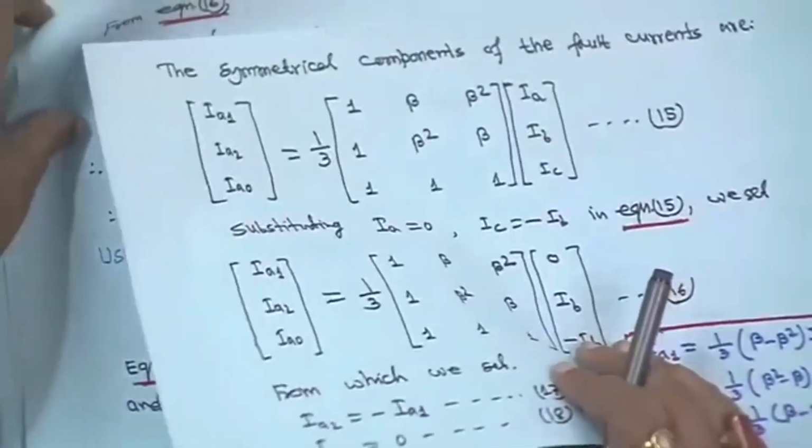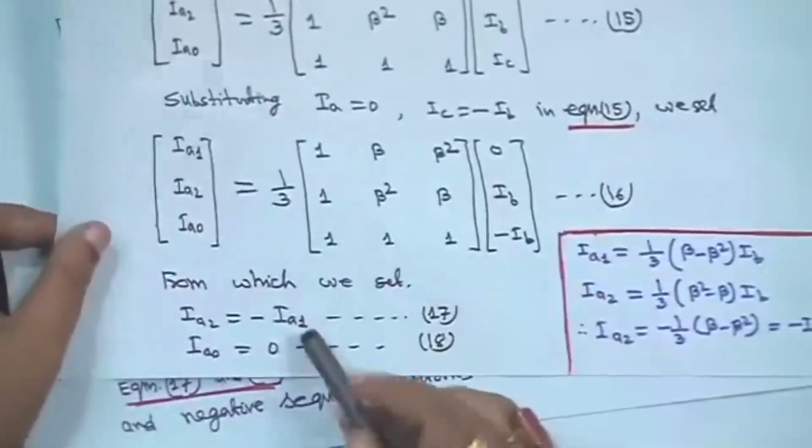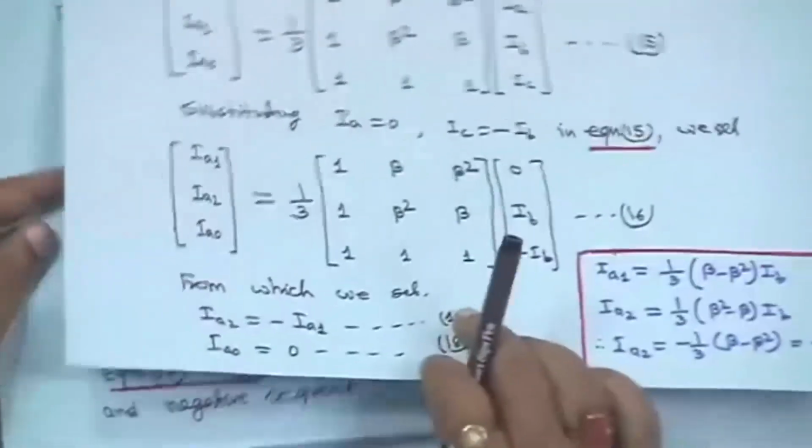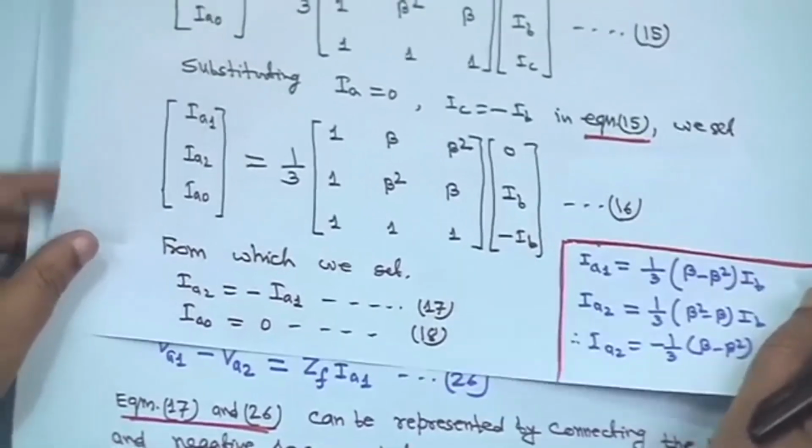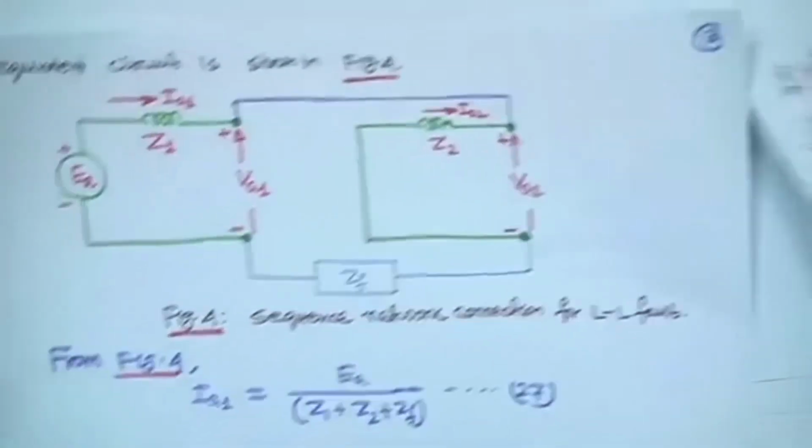I will show you. From this equation you have to judge how this network will be connected.